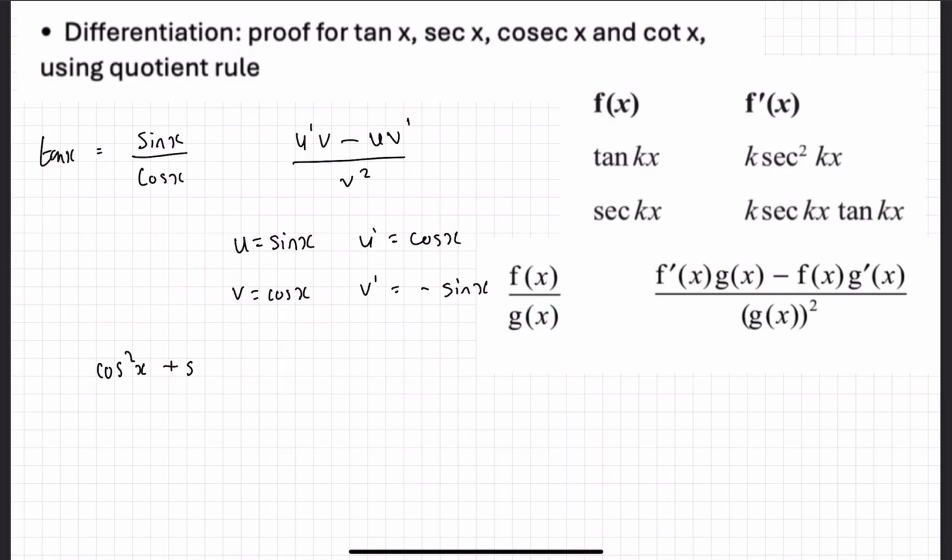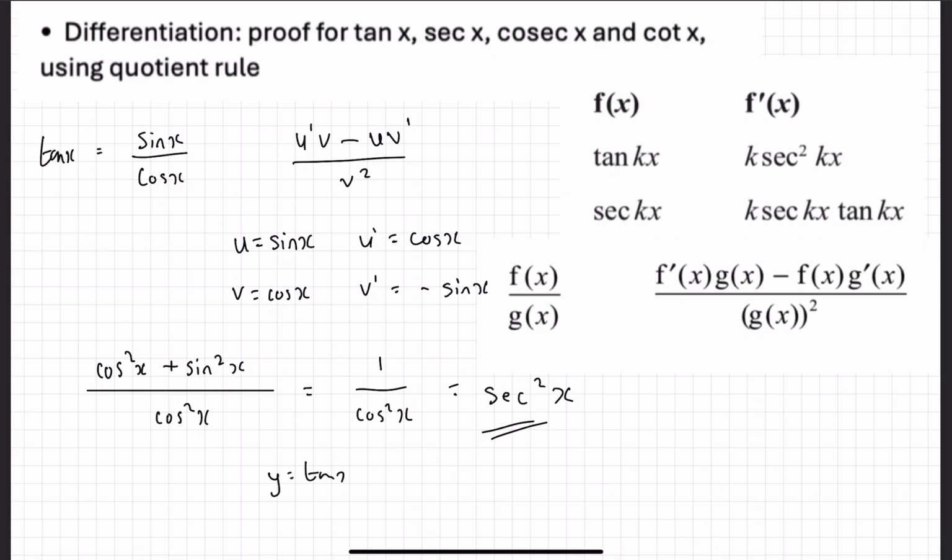That becomes positive sine squared x, all over v squared, which is cos squared x. That equals 1 over cos squared x, and that equals sec squared x. So done. We proved it. Y equals tan of x, and dy over dx is sec squared x. Nicely done. There we are.